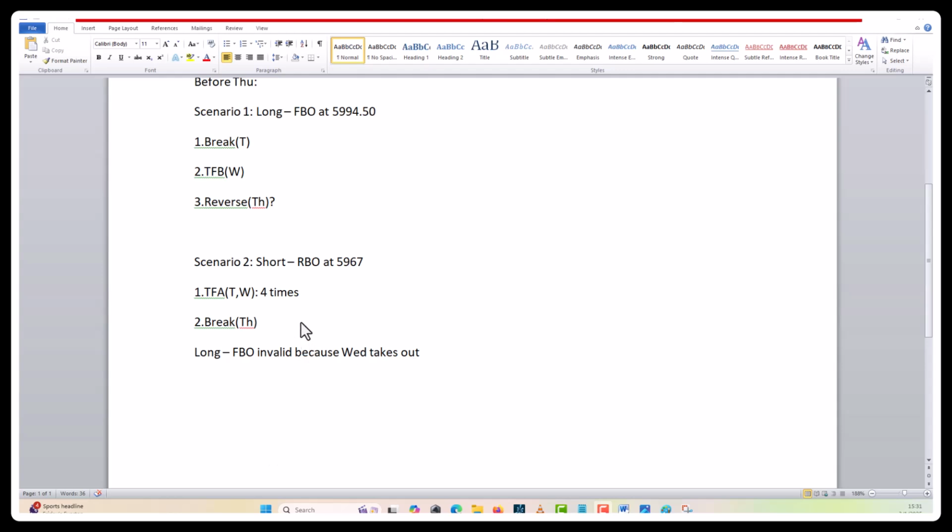So if we had to put the word in this, here's what we say. All right, the long for breakouts is invalid. Why? Because the Tuesday high gives us the Wednesday check out the high, or so-called buy side liquidity, of Tuesday. See that? Check out.